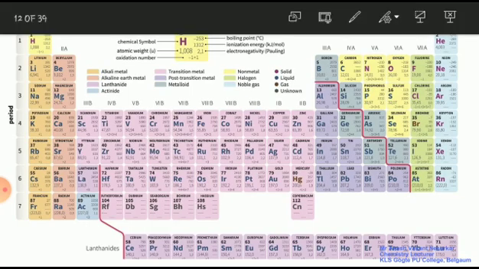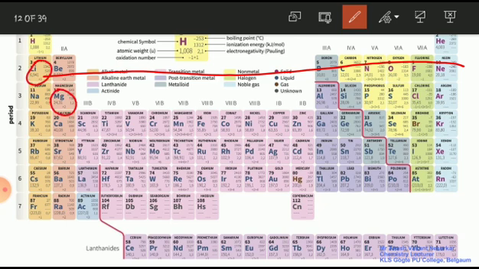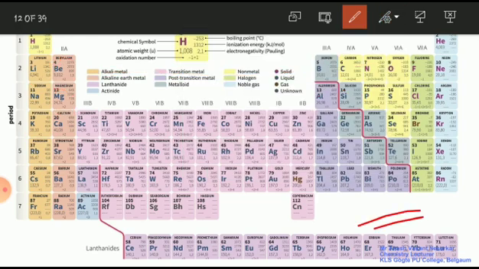So the second period will show the diagonal relationship with the first elements of the third row: lithium with magnesium, beryllium with aluminum, boron with silicon, and so on. So they resemble each other in their properties.